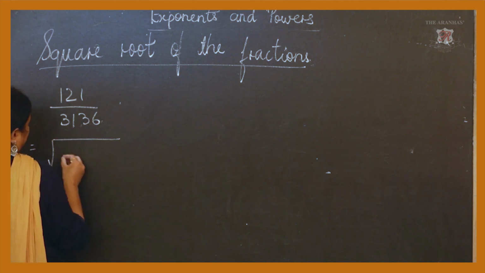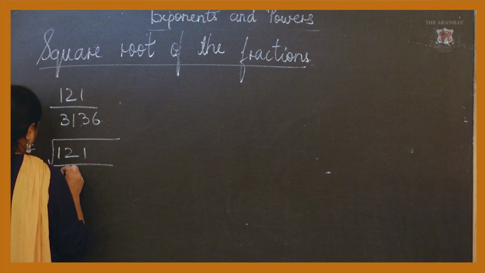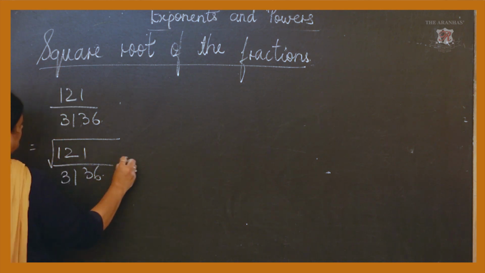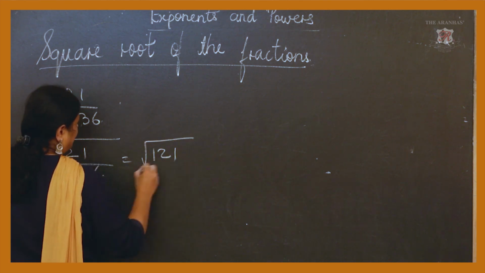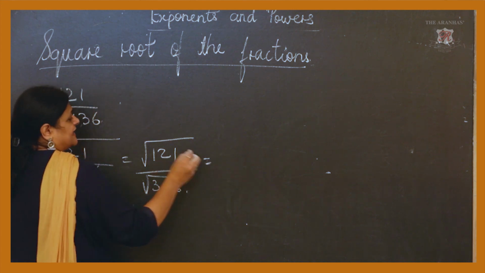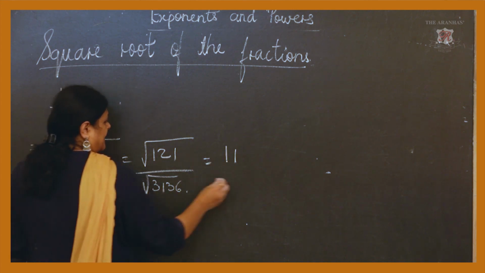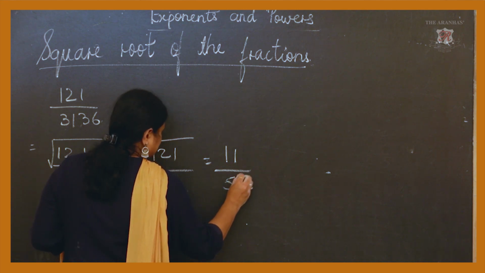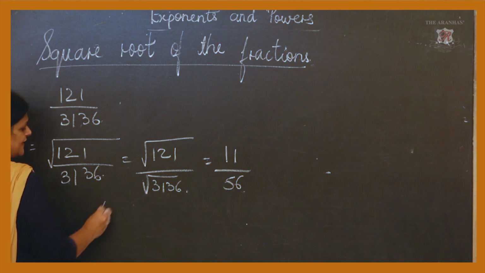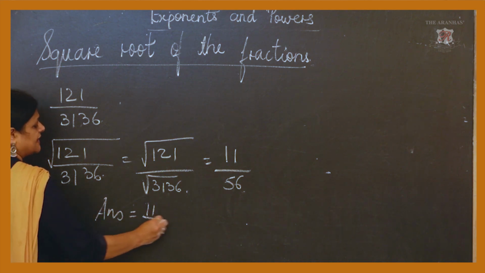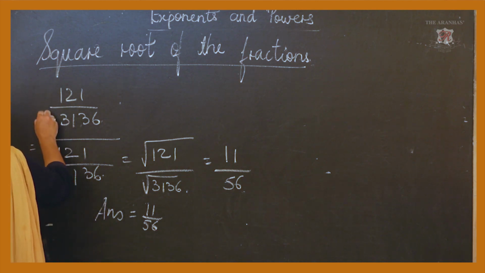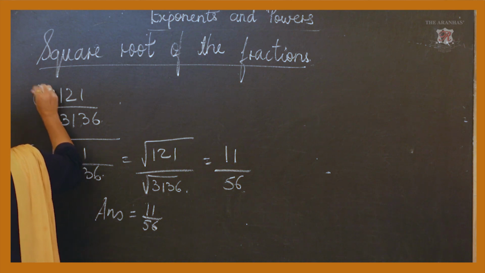So here, root of 121 upon 3136 is equal to root of 121 upon root of 3136, which will give you 11 11s are 121, and here it will be 56 into 56 will give you 3136. So here your answer is equal to 11 upon 56. Okay, so this is the sum which I have taken.